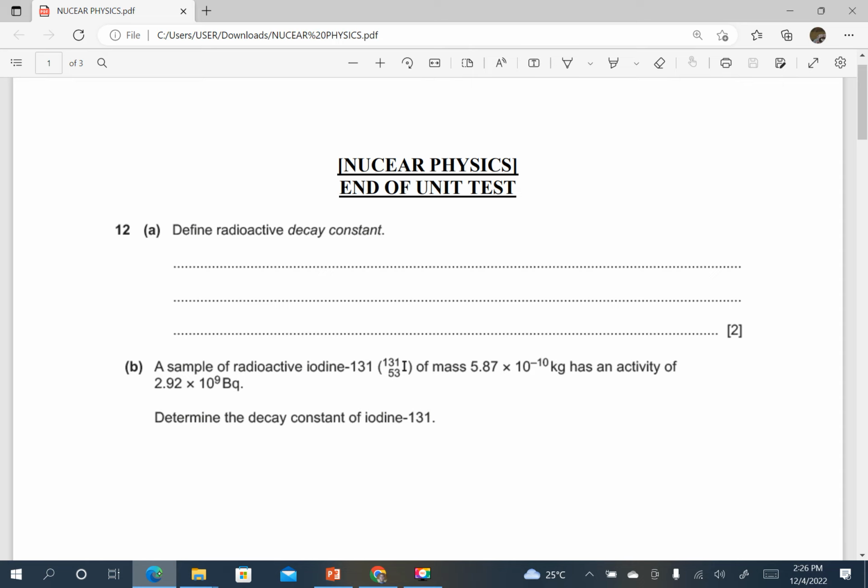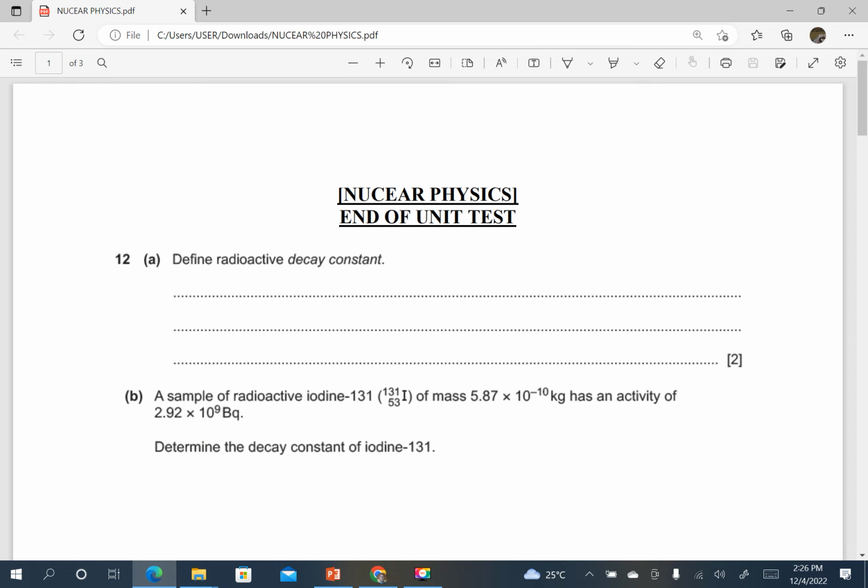The first question is easy. Define radioactive decay constant lambda.